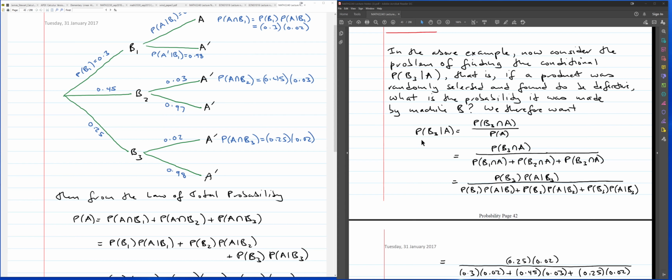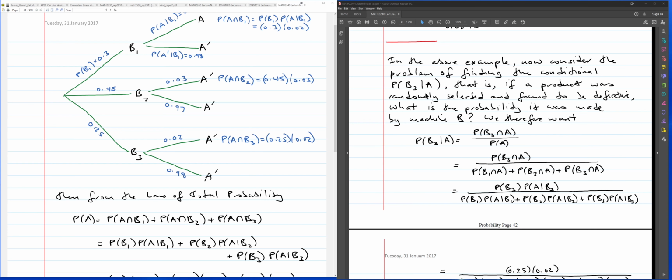Notice what we want over here now is we're reversing the order of the conditions. We want the probability B3 given A. One more time, probability A given B3 was the 0.02, but what we want is probability B3 given A. We can read that as: given that the product was defective, what is the probability it was made by machine B3?